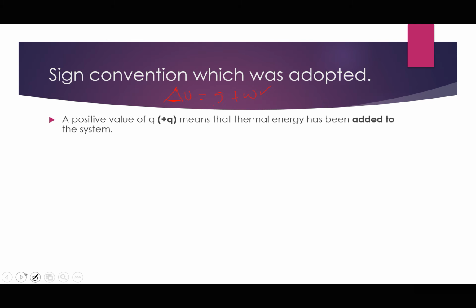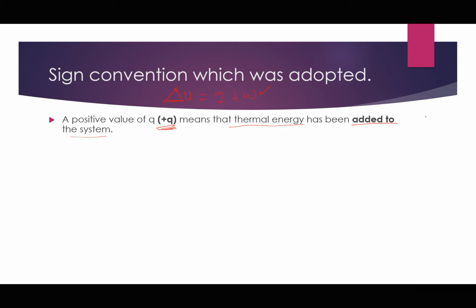Number one, a positive Q in calculation, a positive value of heat supplied, will be heat added to the system. Thermal energy added to the system will be assigned a positive value.